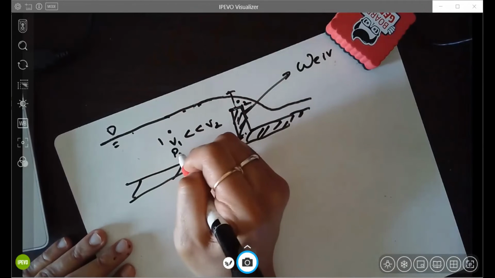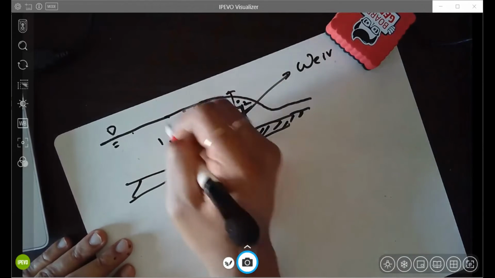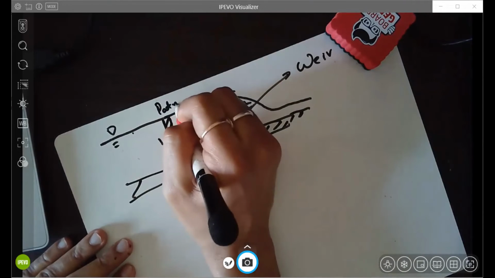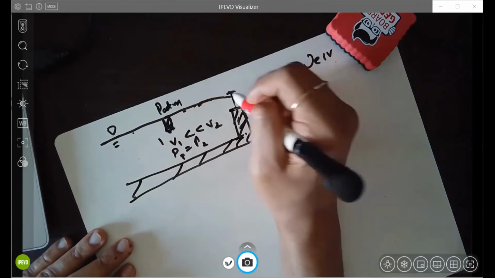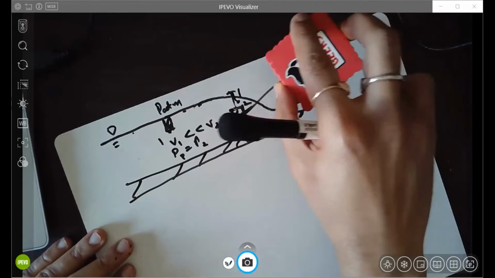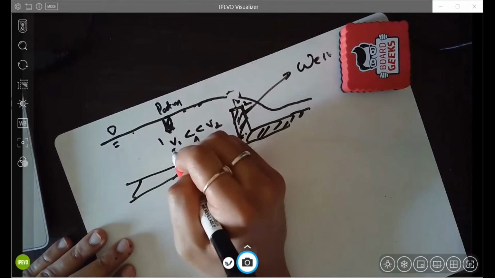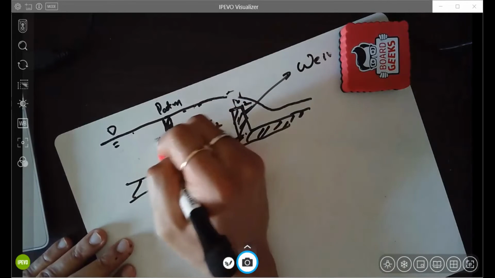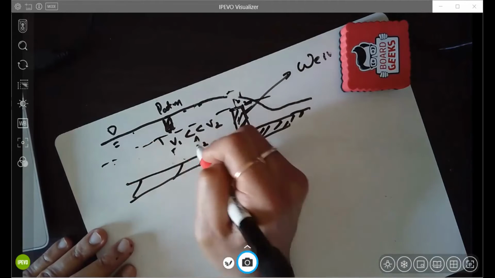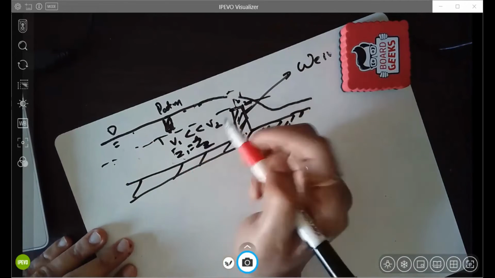The pressure head in here is P atmosphere plus the weight of the water column here. Okay, sorry, the pressure head is different. The elevation head, if you take this to be the datum, Z1 and Z2 are equal.